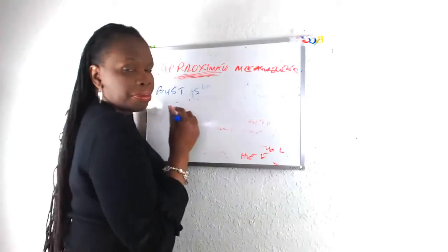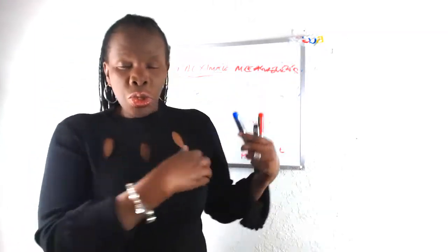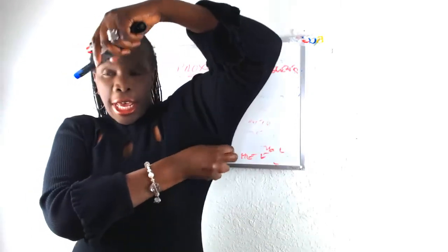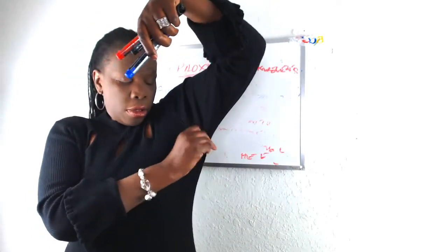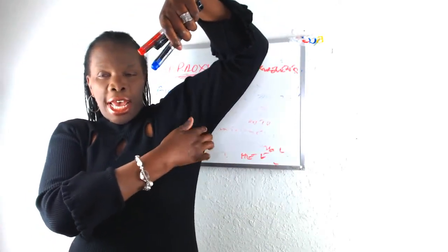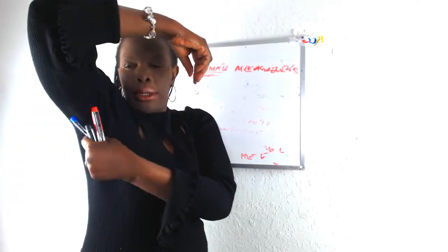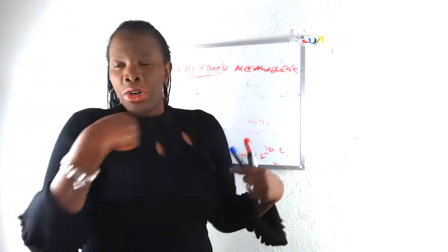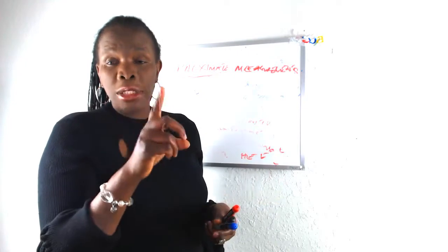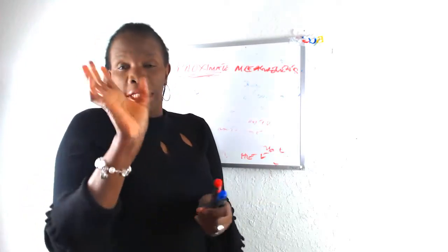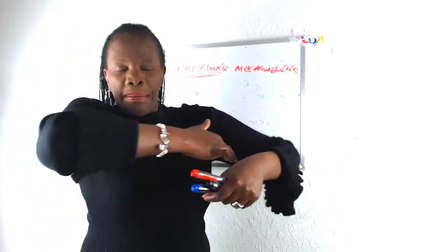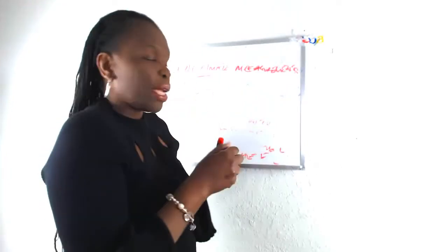So the bust, I'll measure from here, this intersection here, across to here. I'll measure that across and multiply it by 2.